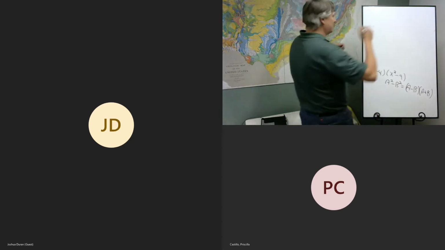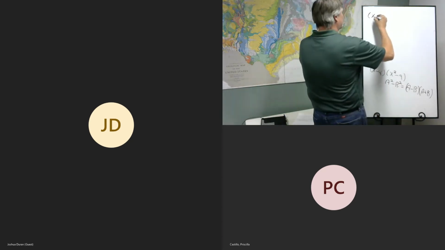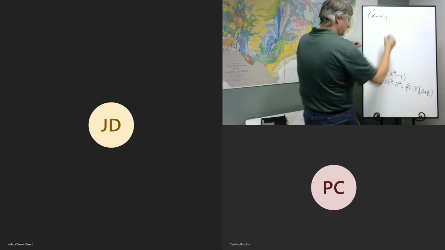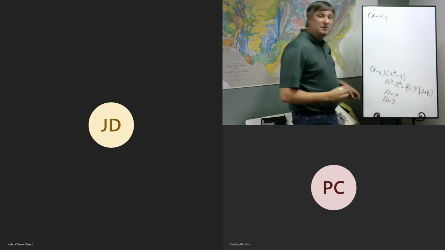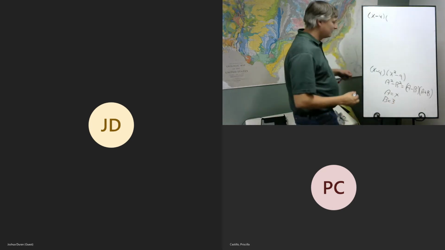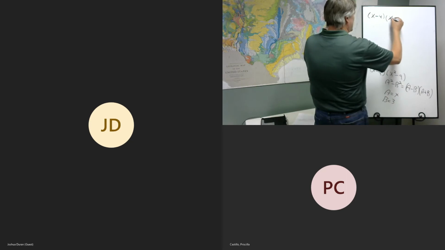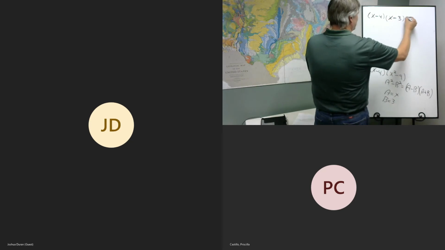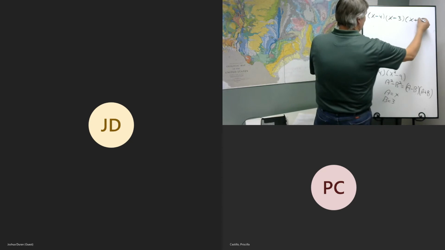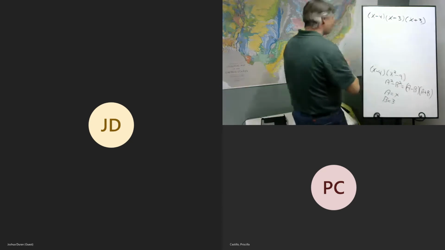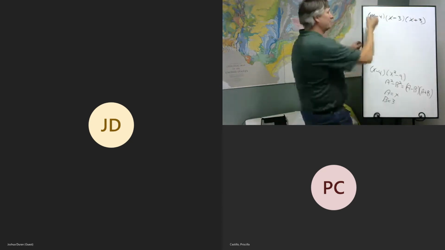So plugging this in, we'll have still x minus 4. Now here, a is going to be x, and b is going to be 3. So we'll have x minus 3 and x plus 3. And that's it. We've broken it down completely.